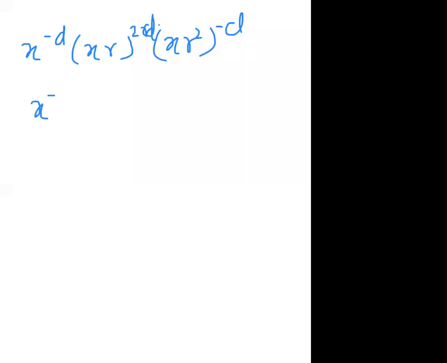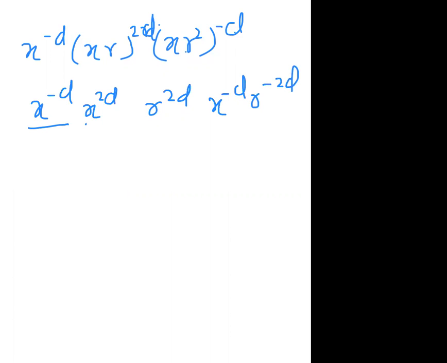Now X to the power minus D, X to the power 2D, R to the power 2D; powers I am taking separately. X to the power minus D, R to the power, powers get multiplied, minus 2D.